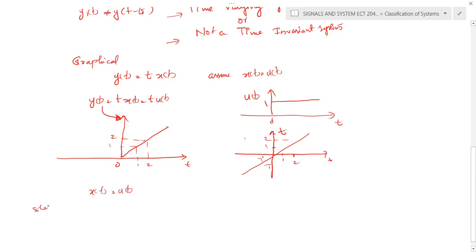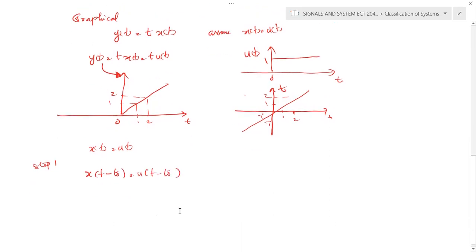Now in step 1, we will apply a shifted version of the signal, that is x of t minus t0, that is u of t minus t0. u of t minus t0 will be a time shifted version of the step signal, or you can write u of t minus t0 is equal to 1 for t minus t0 greater than 0, or you can say t greater than t0, and 0 for t less than t0.